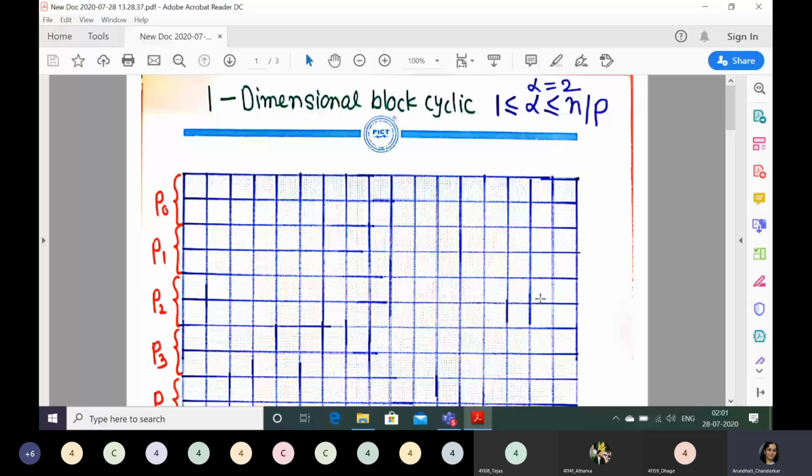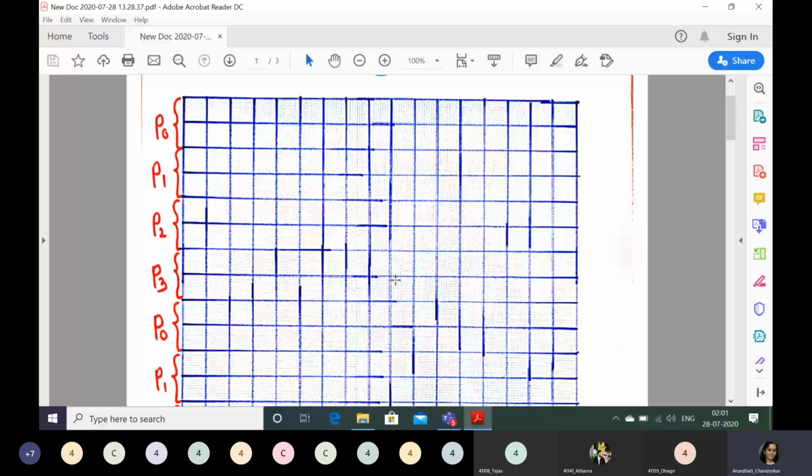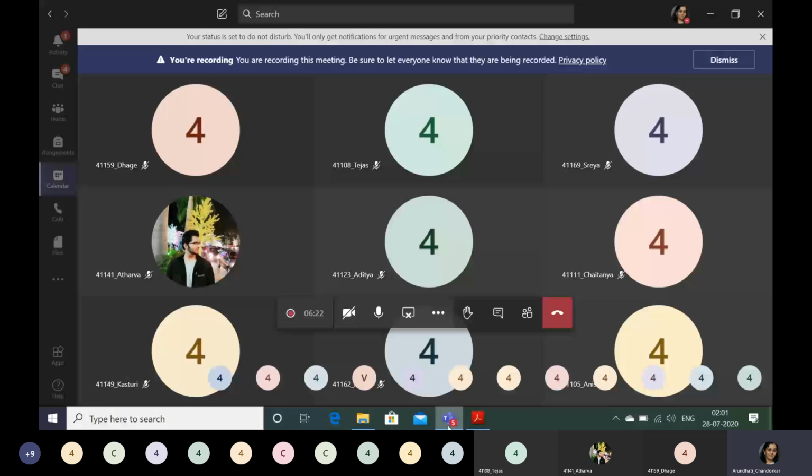First focus here, it is in continuation with yesterday's lecture. Something I have solved for your better understanding. What is in front of you is one-dimensional block cyclic distribution.